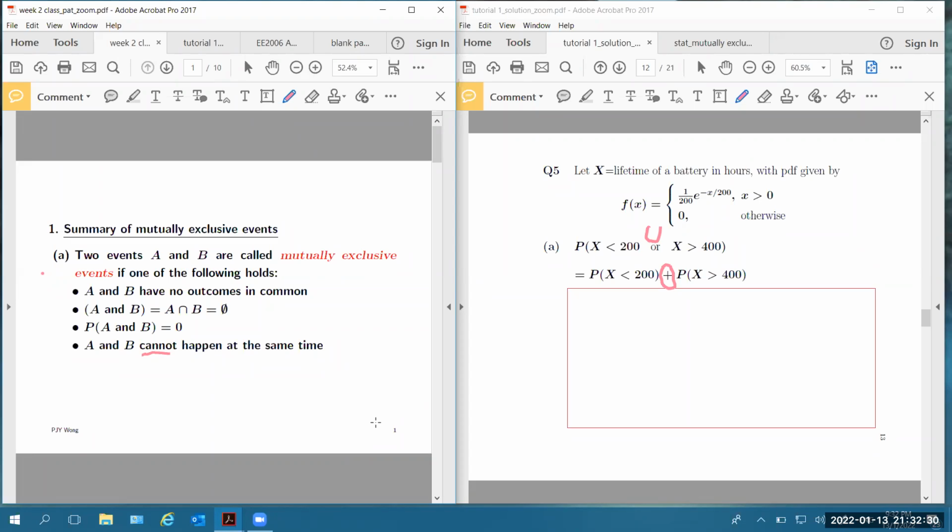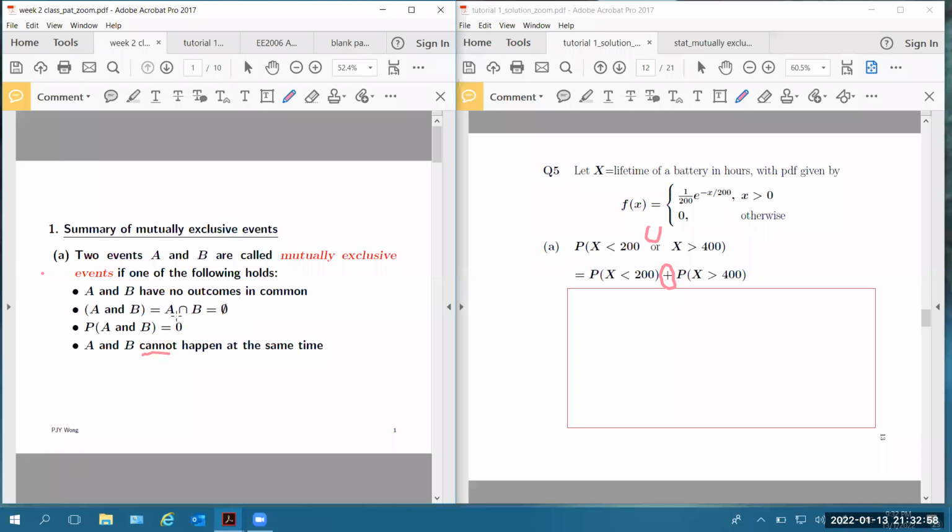Mutually exclusive, basically we are looking at they have no outcomes in common. So if you have three events, three of them cannot have outcomes in common. You're considering the three of them, so they shouldn't have outcomes in common.